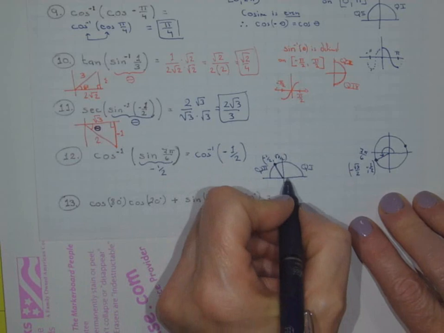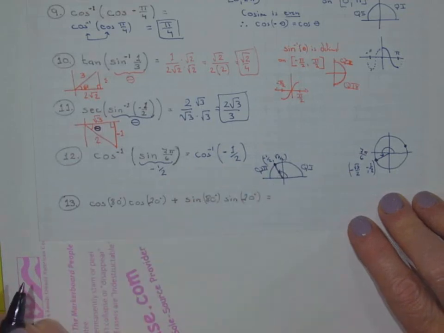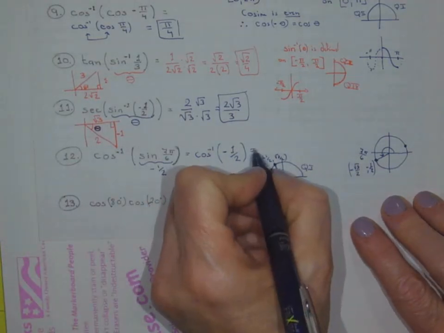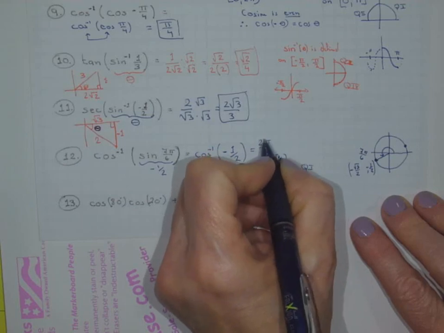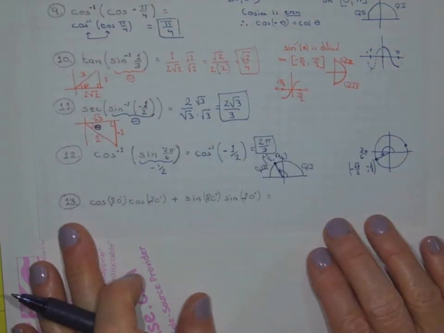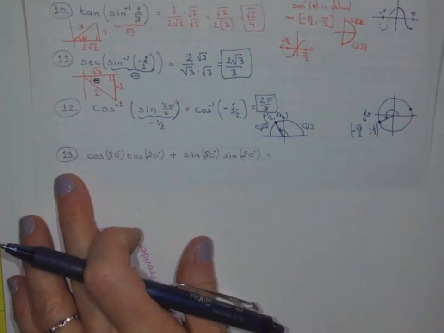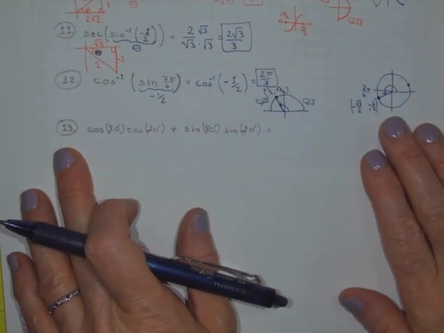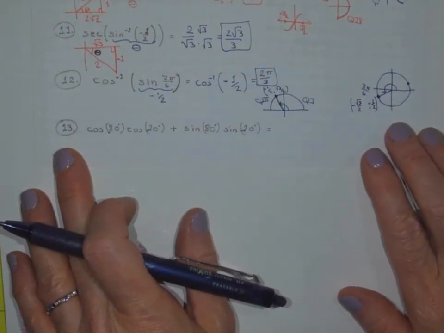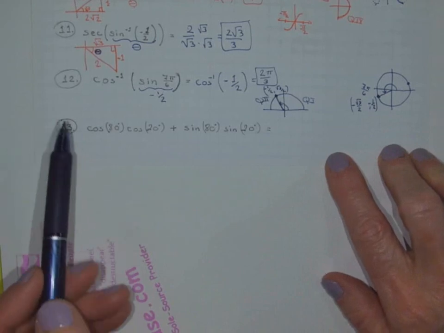And that angle here would be 2 pi over 3. So that's equal to 2 pi over 3. If I'm going too fast, it's a video now, so you can stop me, rewind me, re-listen, right?